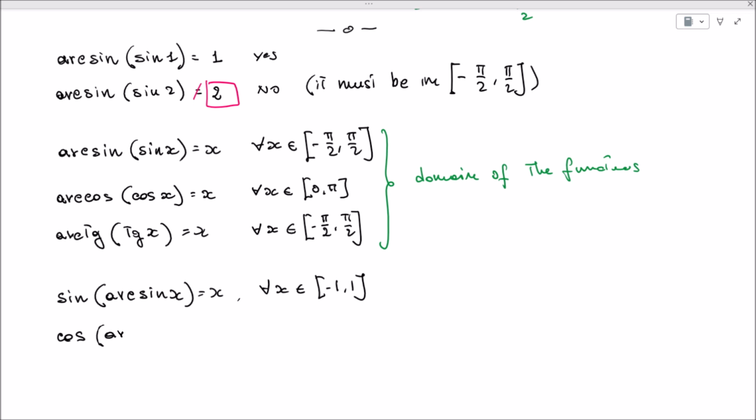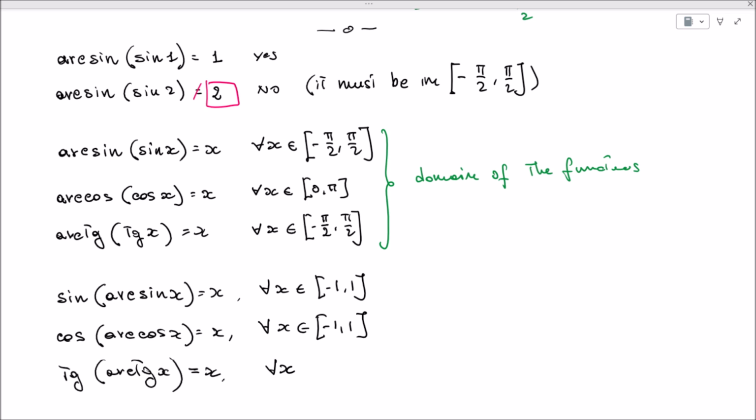Cosine of arc cosine of x is equal to x, again for every x that belongs to minus 1, 1, and tangent of the arc tangent of x is equal to x, well, this time for every real number x. And this is because of the codomain of the functions.